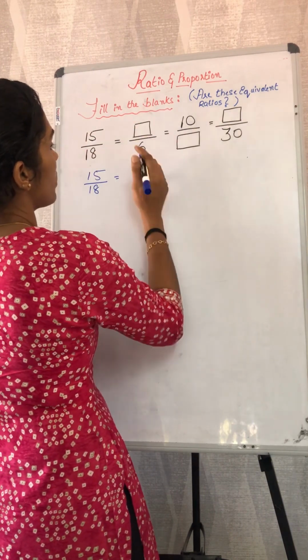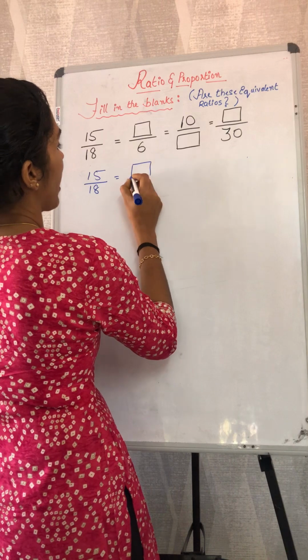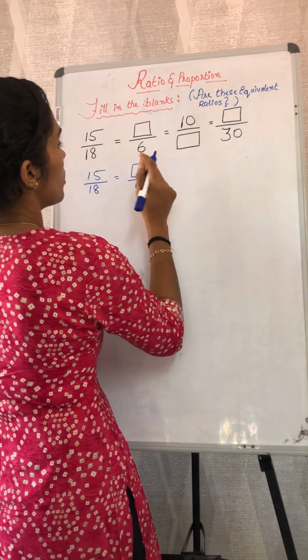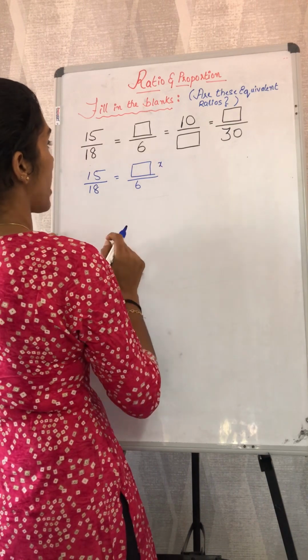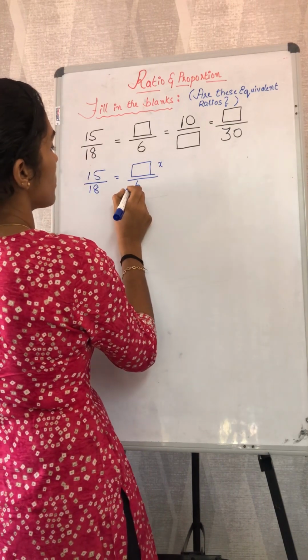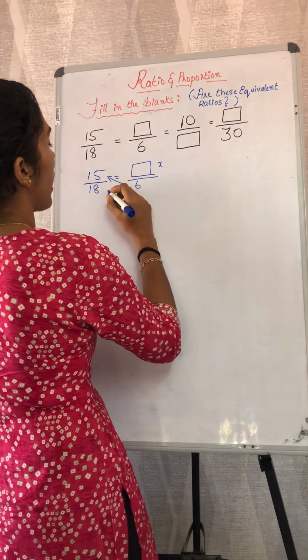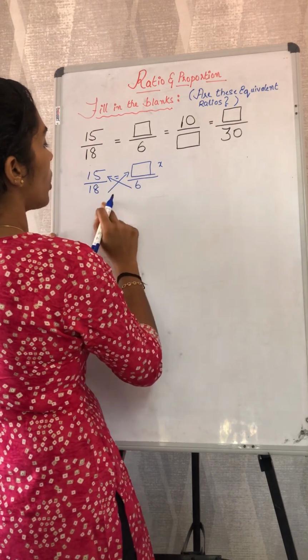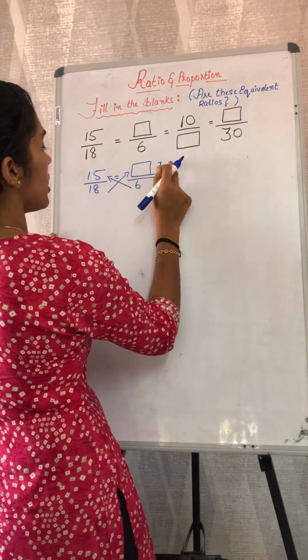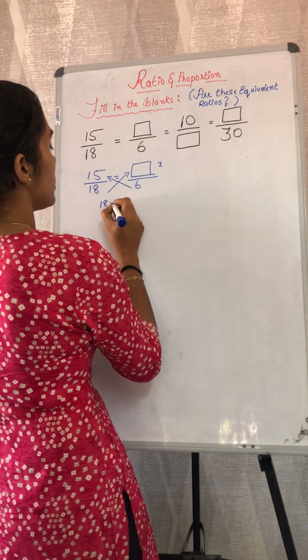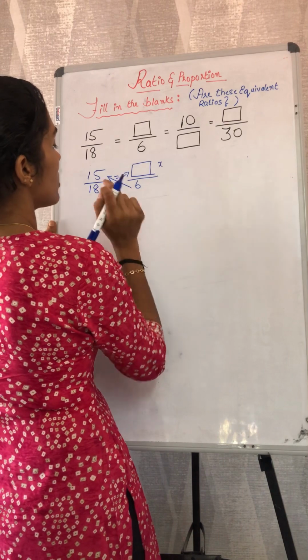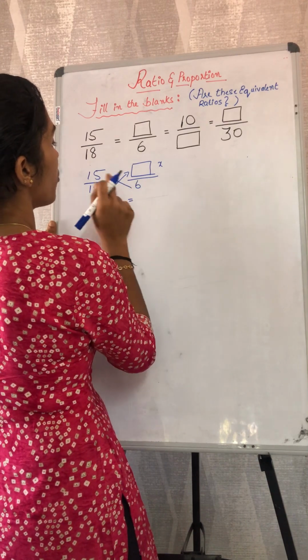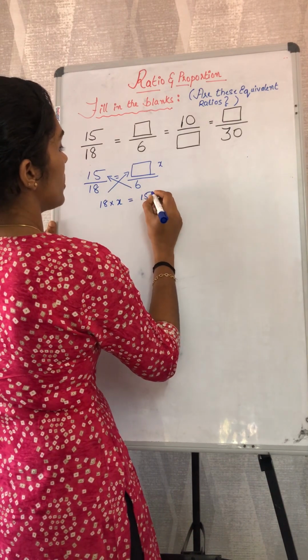So let's take the first ratio, that is blank by 6. Let's assume this blank as x. So how can we find this x? The easy way to find x is to cross multiply. So how can we write this? 18 into x on the left side, and then 15 into 6.